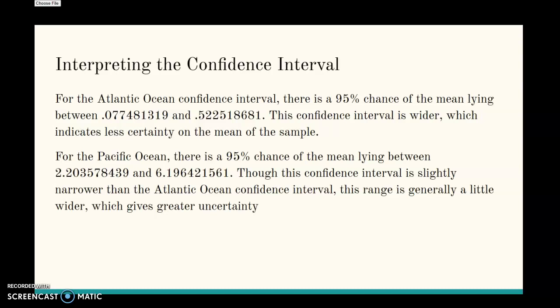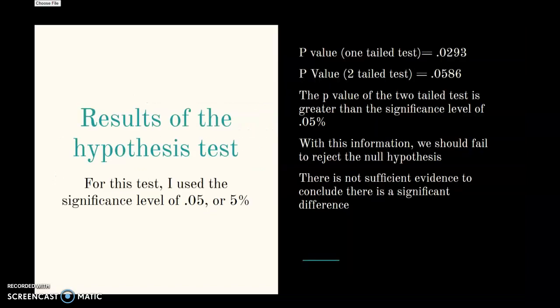This is a wider confidence interval, which indicates less certainty on the mean of the sample. For the Pacific Ocean, there is a 95% chance of the mean lying between 2.203578439 and 6.196421561. Though this confidence interval is slightly narrower than the Atlantic Ocean confidence interval, this range is generally a little wider, and it gives it even more uncertainty.